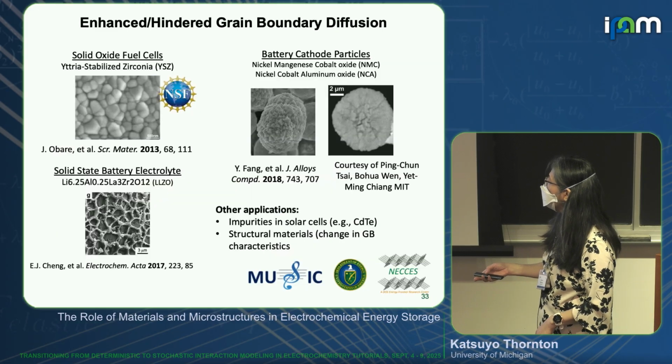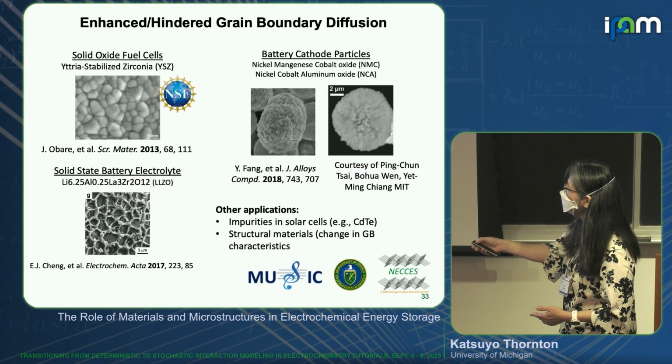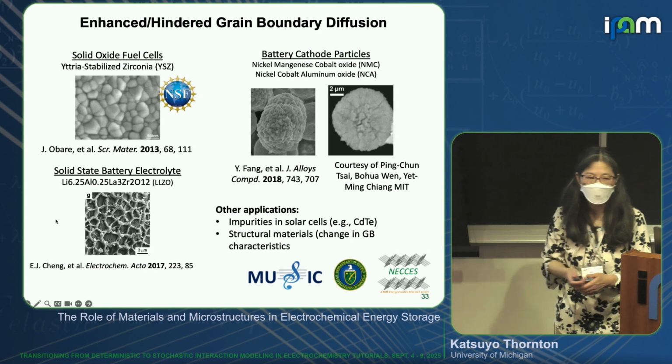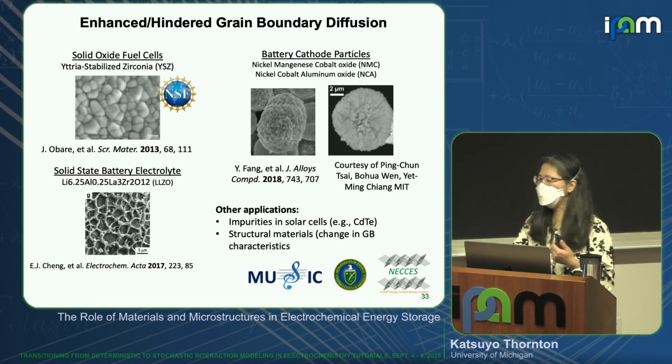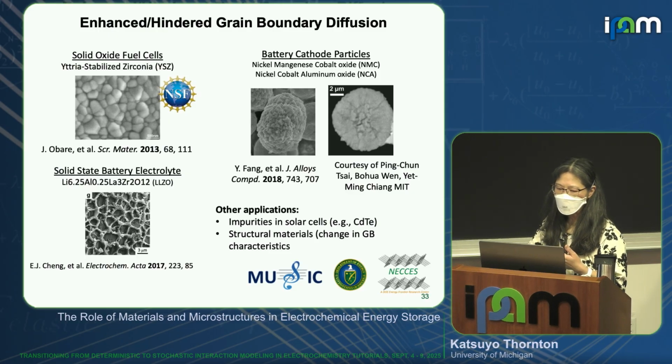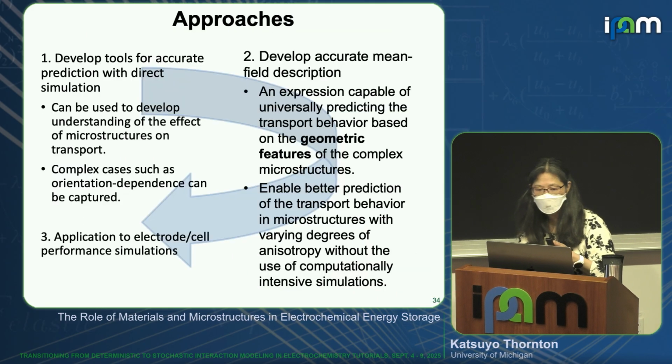This was in solid oxide fuel cell. They are sintered, so it's polycrystalline. So it's very much of interest in many different material systems and applications such as fuel cells, batteries, even corrosion, because the polycrystalline nature of the material itself can affect the corrosion behavior.